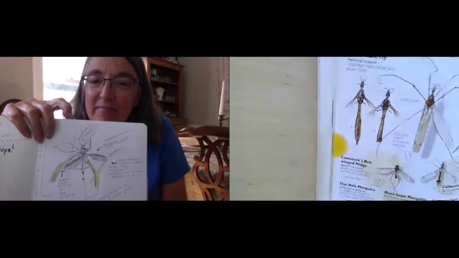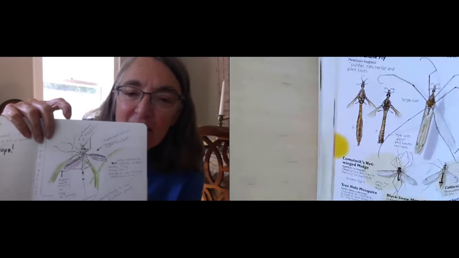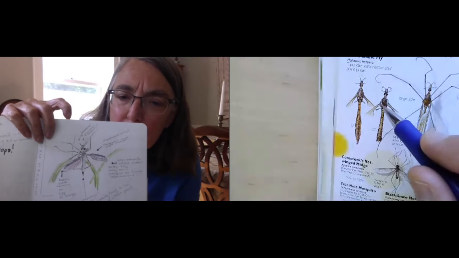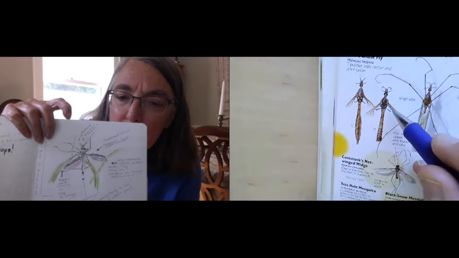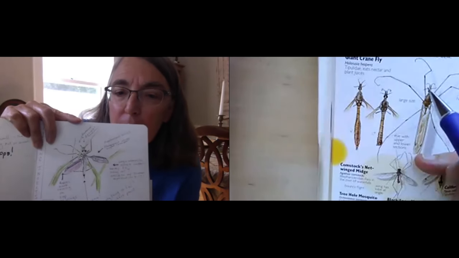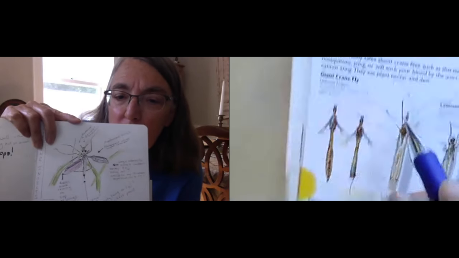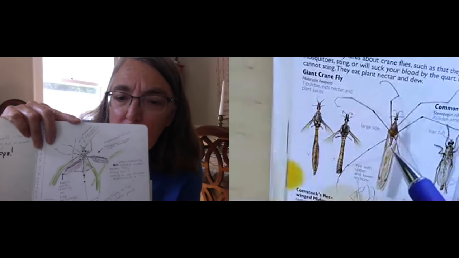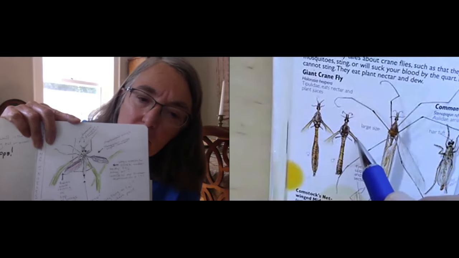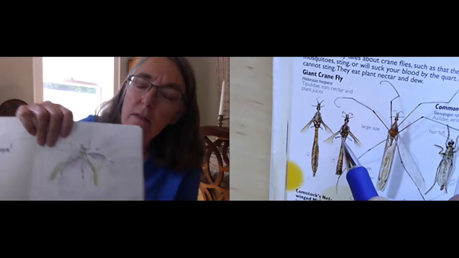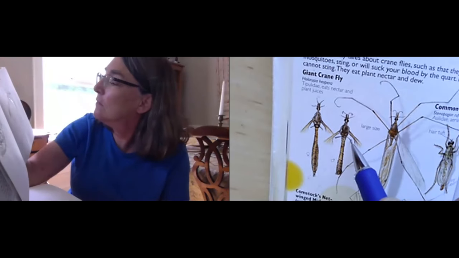The other really fun thing to look at on crane flies is, so here are the front wings sticking out. Let me zoom in on this a little bit more. Right. So here are the front wings coming out. If you look behind those front wings, there are these pegs that stick out with little balls on the end of them.